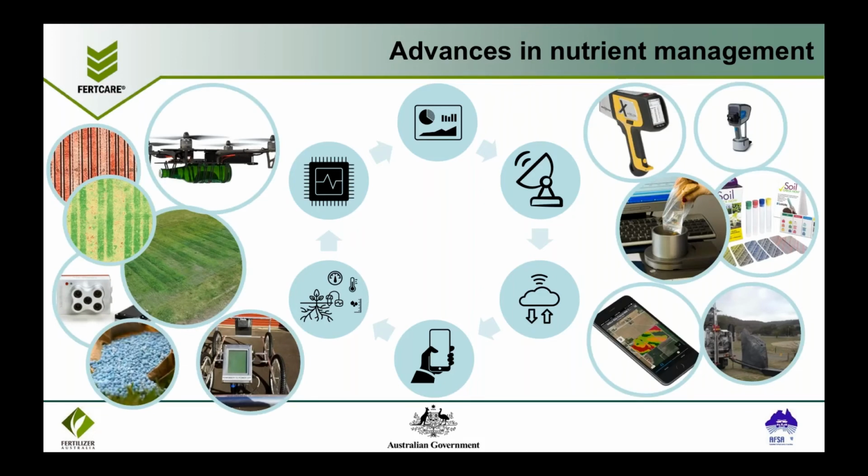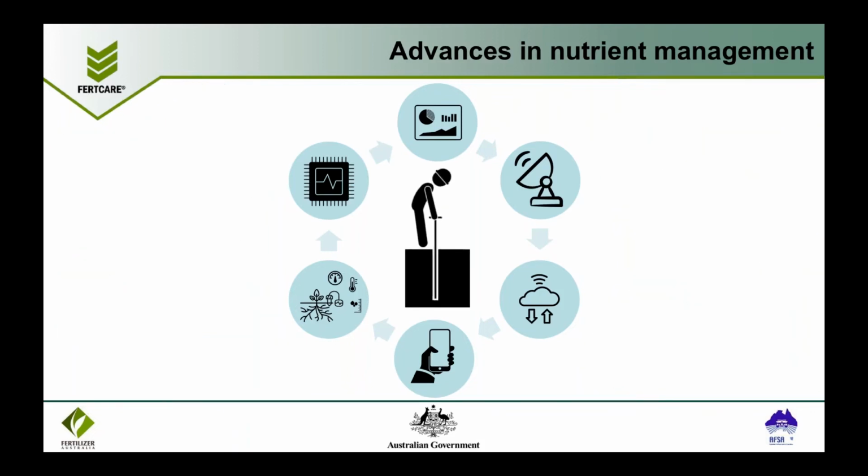We're seeing things like drones and sensors, pasture readers, portable XRF, near infrared, whether that's benchtop or portable, test strips, etc. And it doesn't matter whether you're deploying a sensor or taking a soil sample. The whole activity is underpinned by good placement of that sensor or taking a good sample in the first place.